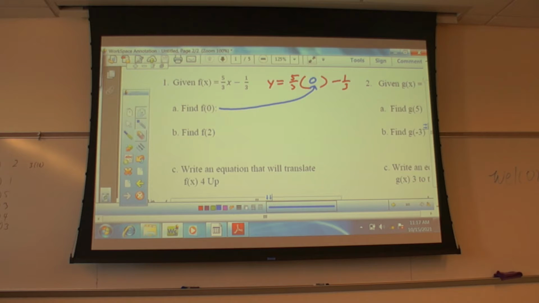So if I put 0 inside of there, I'll get y equals 5/3 times 0 minus 1/3. Well, anything times 0 is 0, so that goes away. So you're just left with 1/3. Right, so f of 0, negative 1/3.